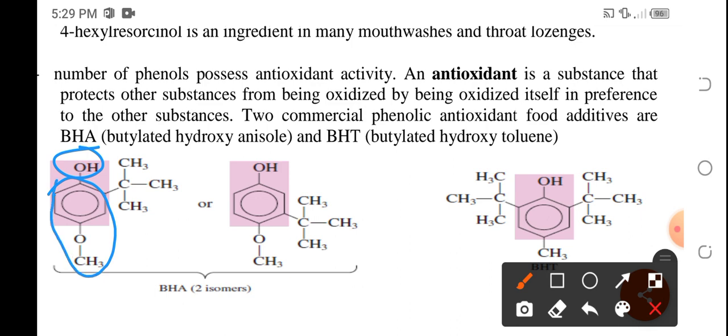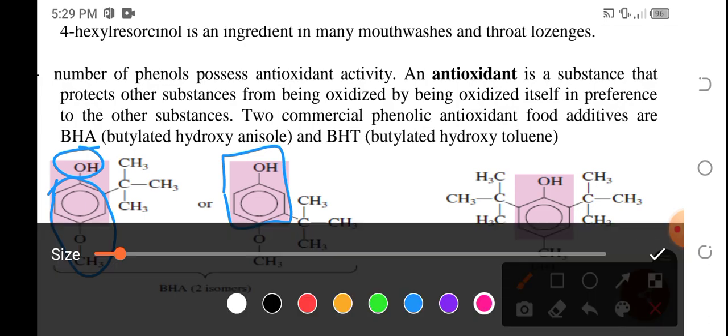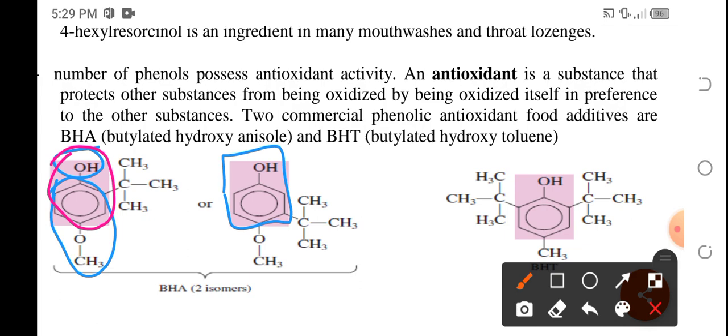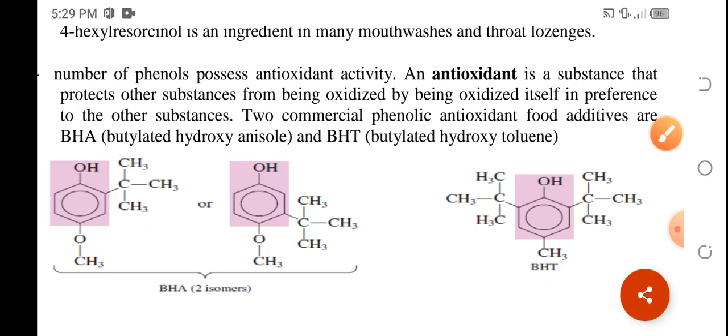But it still has a phenol part. This is the phenol part, the benzene ring and the hydroxyl group. It is butylated because it has a butyl group, particularly tertiary butyl. Take note, BHA is not an IUPAC name.